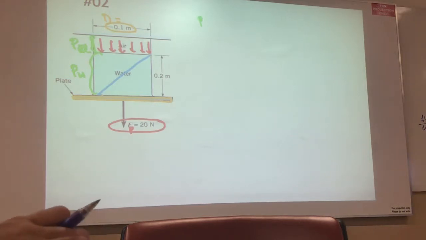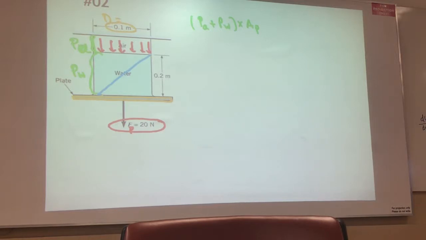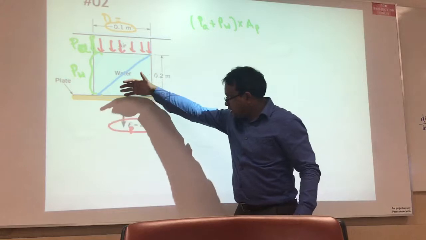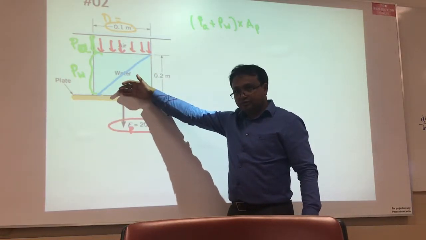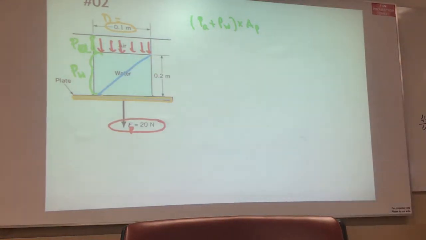Air pressure plus water pressure, times the area of the piston, is equivalent to the force that is acted here. Correct. Then this is the total force.